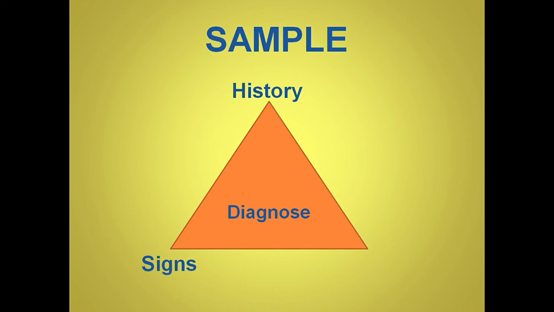You may be able to see swelling. You might be able to hear crepitus, the bones rubbing together. You might be able to smell ketoacidosis on their breath, an indication of diabetes. You might be able to feel surgical emphysema. So anything that you can sense is a sign.